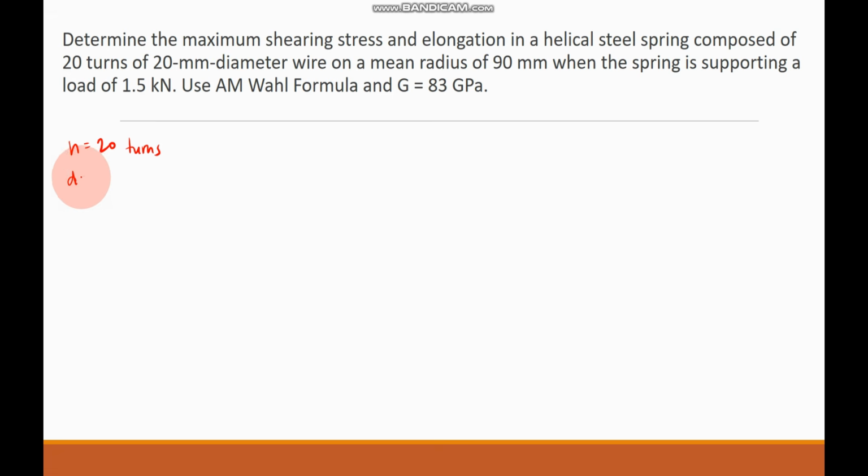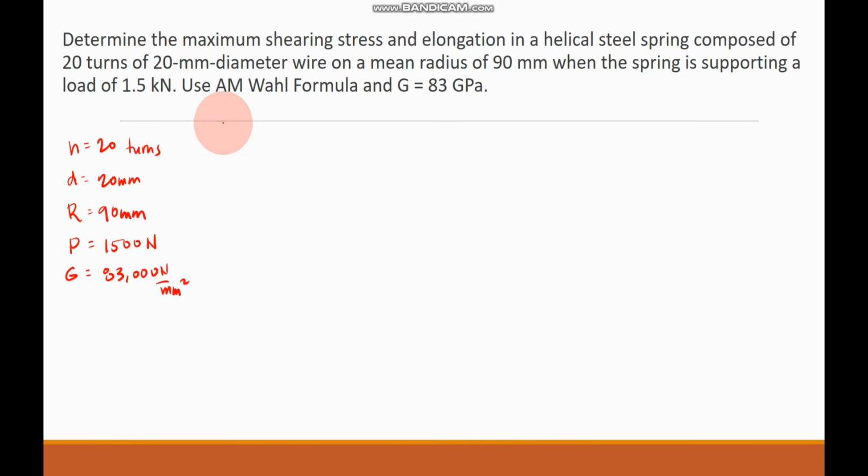And then the diameter is 20 mm with a mean radius of 90 mm. And the spring is supporting a load of 1.5 kN or 1,500 Newton. And the shear modulus of elasticity is equal to 83,000 Newton per square millimeter. So we will determine the maximum shearing stress and the deformation or the elongation.